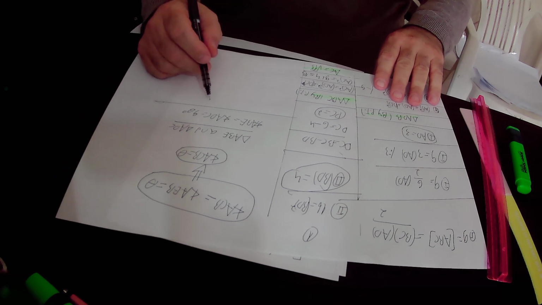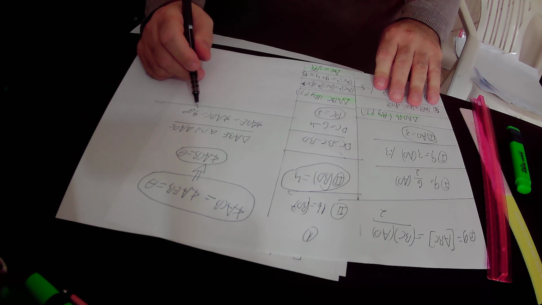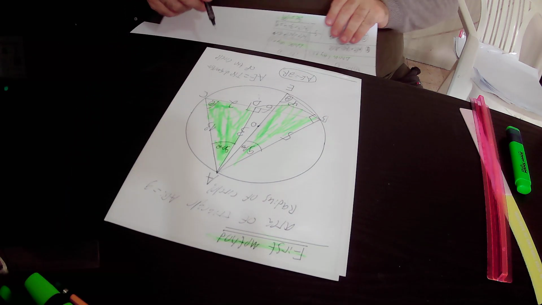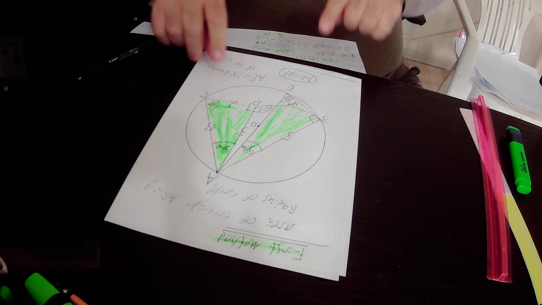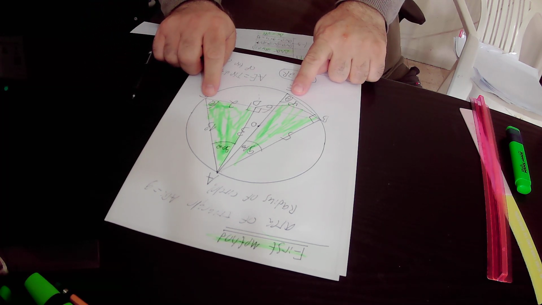I repeat again, angle ABE equals angle ADC equals 90 degrees. In addition, we have those two angles, they are both equal to theta, therefore they are equal to each other.